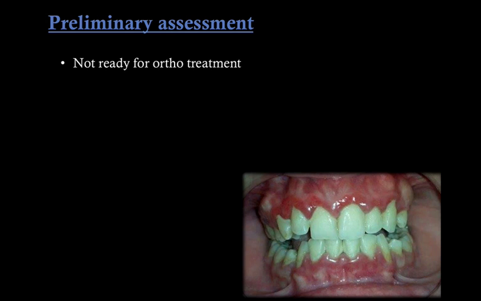You can also make a recommendation to retrieve more data, like a full set of radiographs and also a medical evaluation. Anytime I see patients with a severe periodontal condition, I always refer them to a physician to do a general workup and blood tests, just to make sure that they're generally healthy.